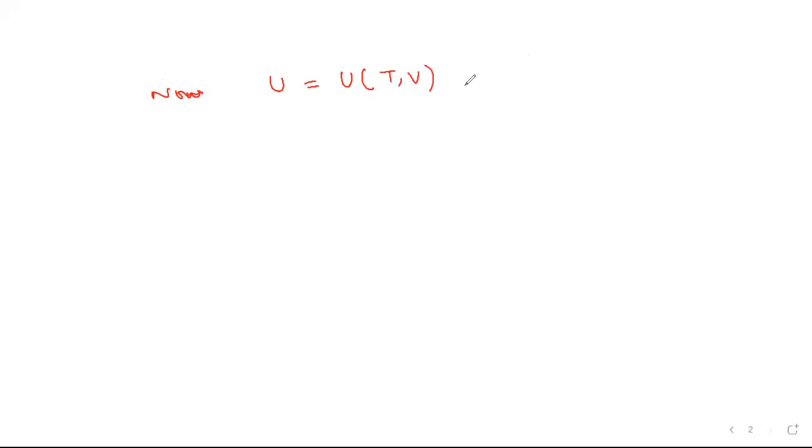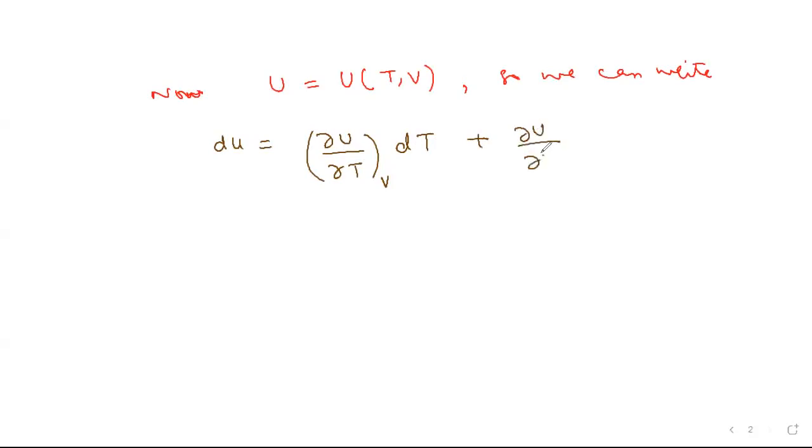So we can write du as dou u by dou T at constant V dT plus dou u by dou V at constant T dV. Just name it equation second.